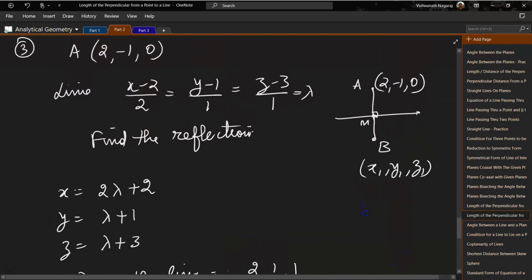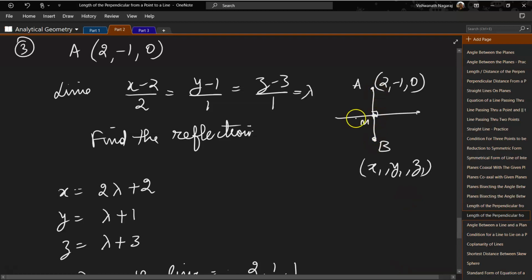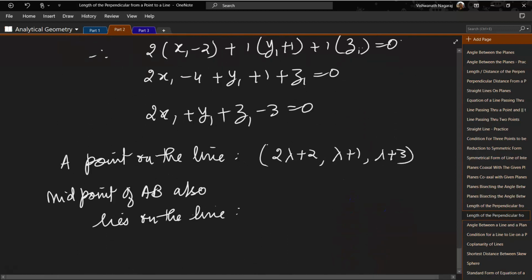What this means is you have an arbitrary point on this line whose coordinates we have got, and the midpoint of AB would lie on this line. Why? Because the reflection by definition is the same distance as the original point.